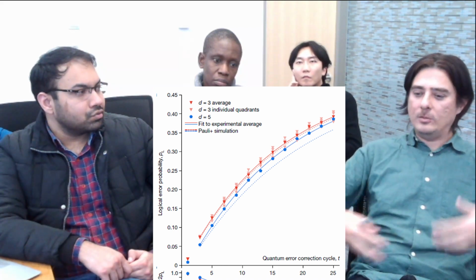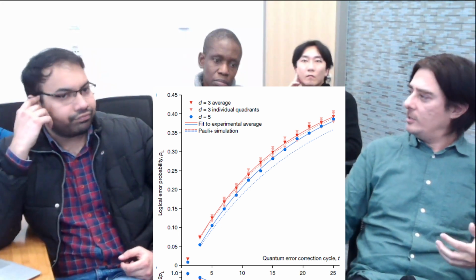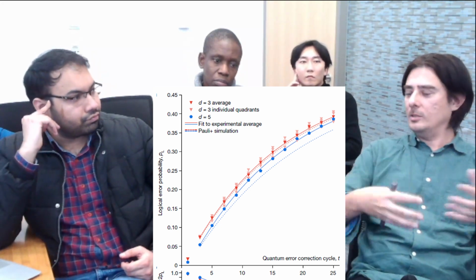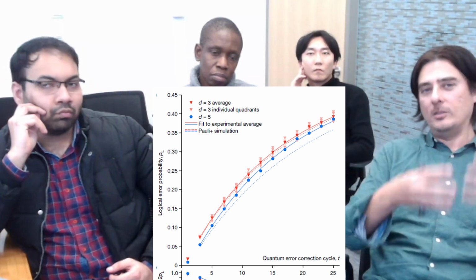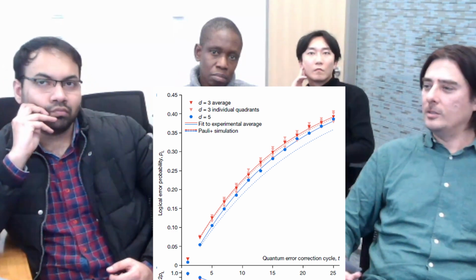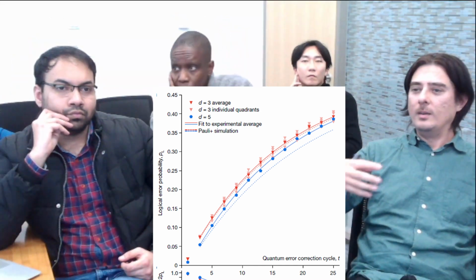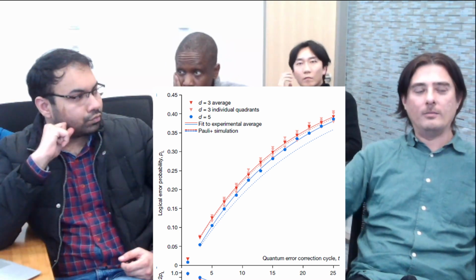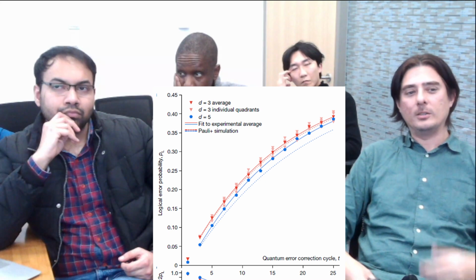In the larger code, yes, there are more opportunities for errors because there are more qubits, but overall there should be a net gain, and this is the whole idea of fault tolerance. As you increase the size of the system, you should be benefiting by doing so. So this is one of the key results that they're showing.